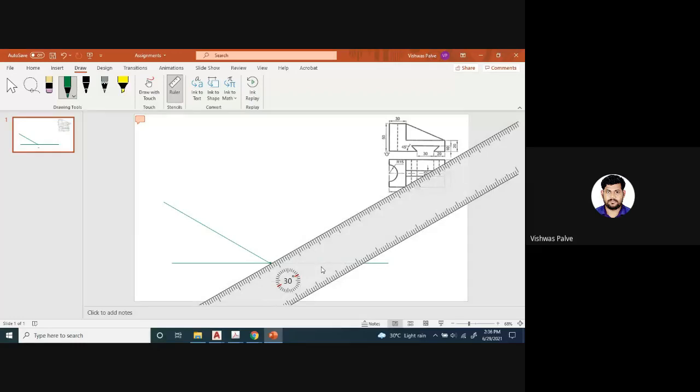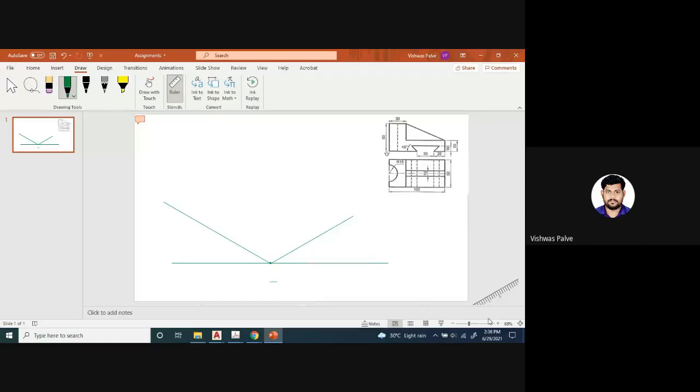So the included angle is 120 degrees. This will be my origin O. Here the angle is 30 degrees, here the angle is 30 degrees, and whichever problem I'm going to solve will be repeated at a 120-degree angle. So this is the first step whenever we start with an isometric drawing.